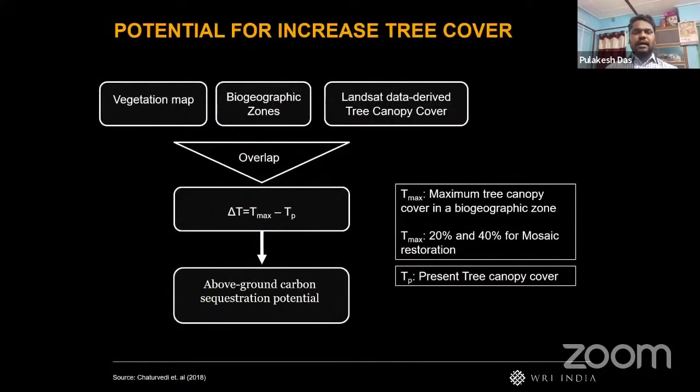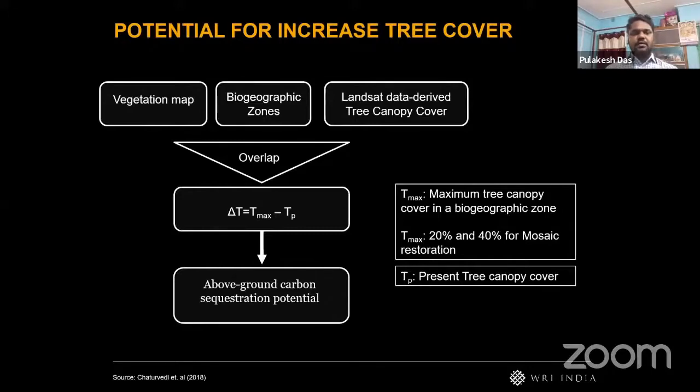And then at the next level we have tried to estimate what will be the maximum tree cover one can increase in a particular area. That we have derived using the vegetation type map, the biogeographic zones map, and the tree canopy cover density data from the Landsat data.